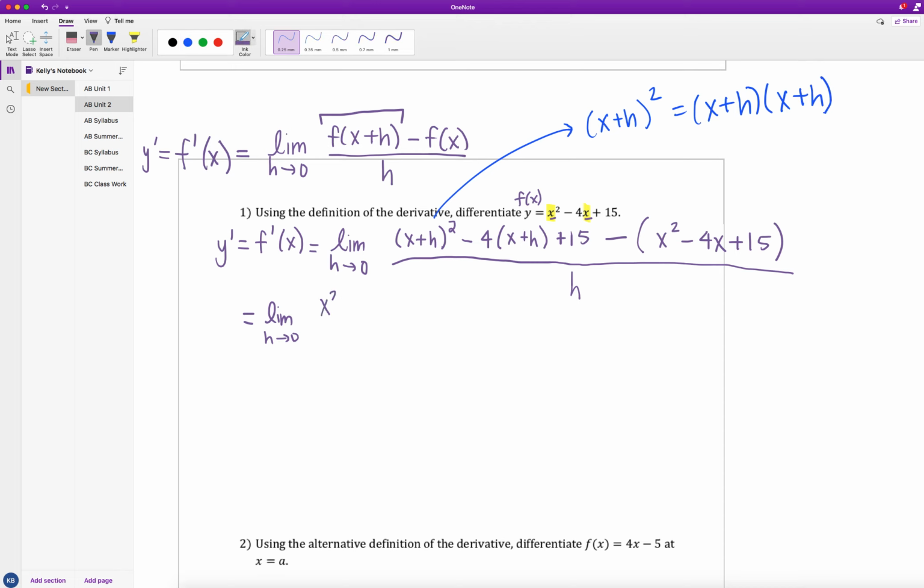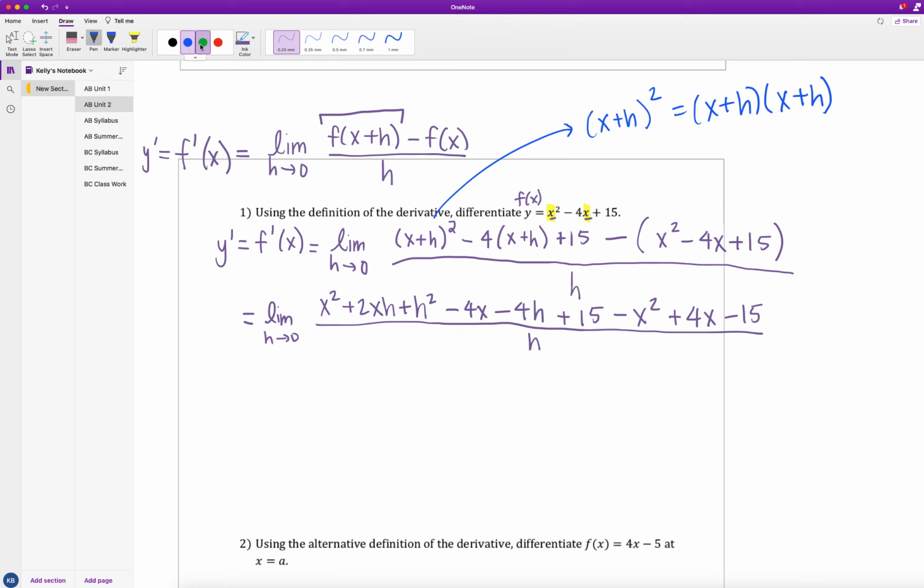FOILing that out, I'd get an x squared plus 2xh plus h squared. Distributing the negative 4, I'd get minus 4x minus 4h plus 15, and then distributing the negative sign, I'll get negative x squared plus 4x minus 15. All over that h still.